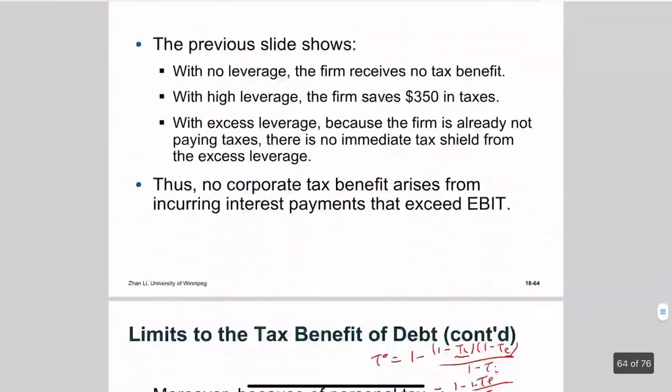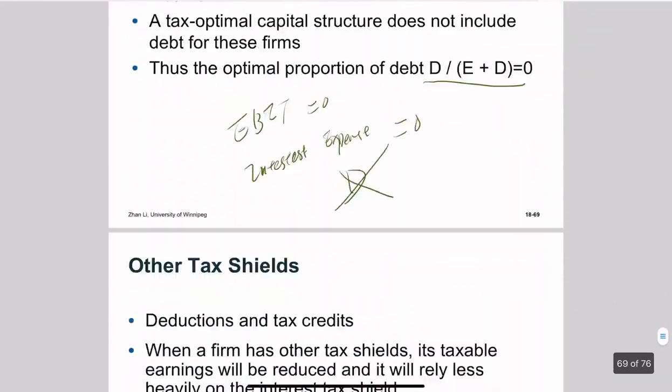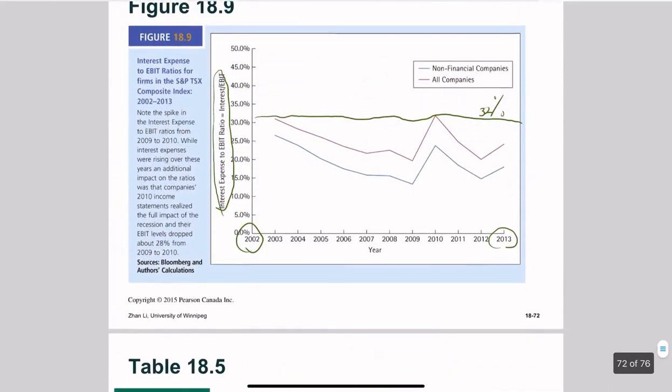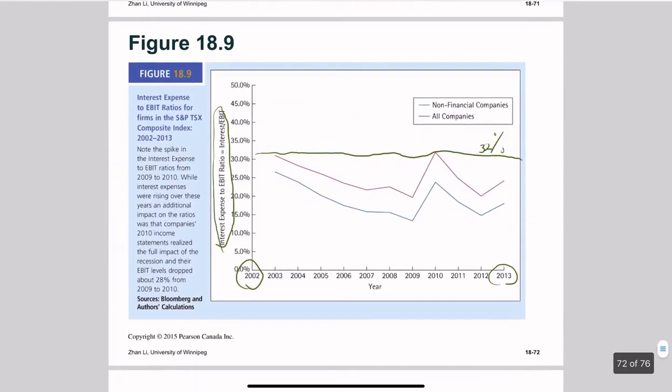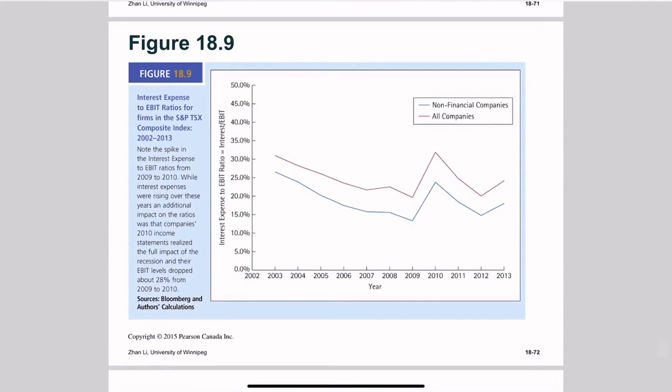If you recall, we tried to understand the real world by looking at data obtained from the real world. So we found first, the ratio of interest expense to EBIT for Canadian firms is always less than 35%. It seems that this number is too low, right? Because we know that to fully exploit the benefit of debt, we have to make sure interest payment is close to EBIT.